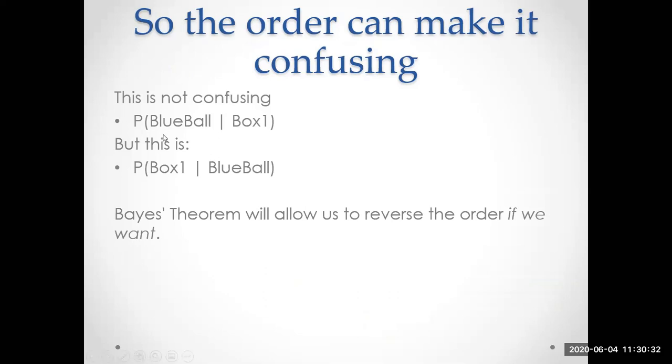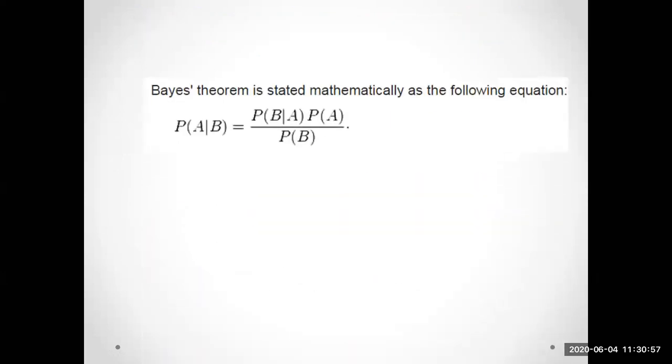So instead of answering the confusing one, we can reverse the order and use that calculation to answer this question. Okay, does everyone understand what I'm talking about? Okay, so that's what Bayes' theorem will do for us.